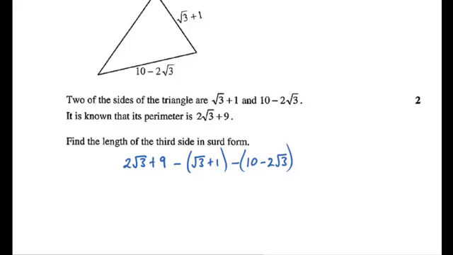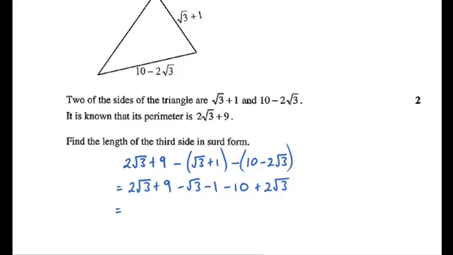Now, if you don't put brackets in at that step, you're going to make a mistake. You need to subtract all of √3 + 1 and all of 10 - 2√3. Alright, so at that stage, I would then just write it out with the correct signs. So that will become -√3 - 1, -10 + 2√3. And then look for your like terms.